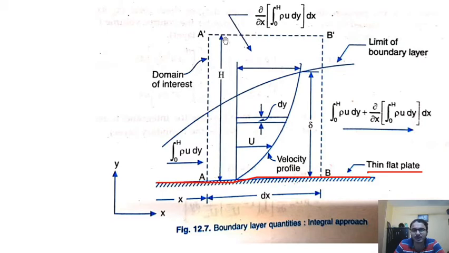The vertical dimension of this control volume is capital H, and the horizontal dimension is dx. We will discuss these integrals later on. A prime, B prime, B and A will be our domain of interest.